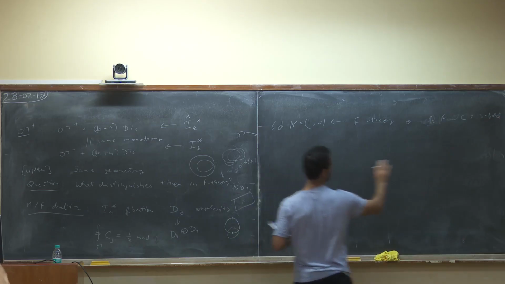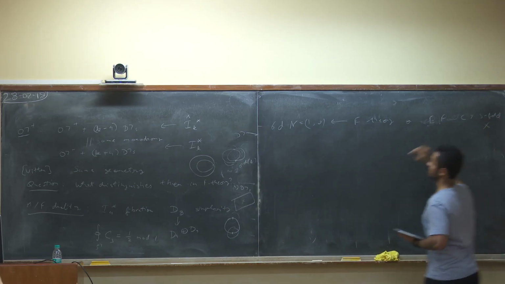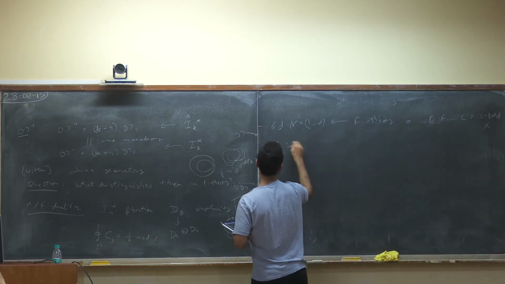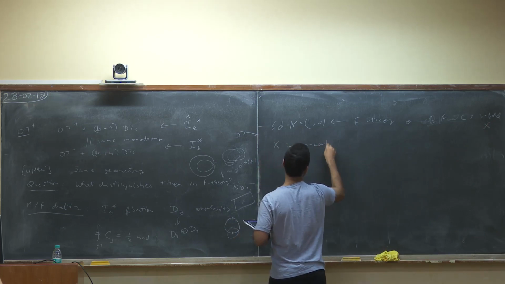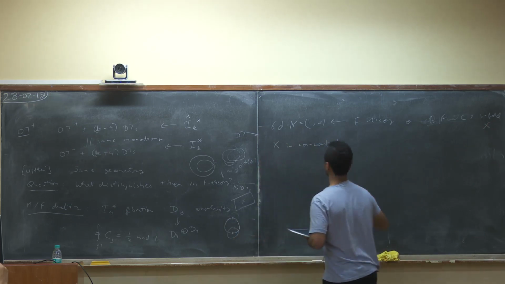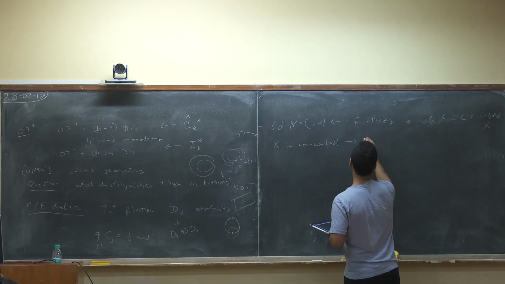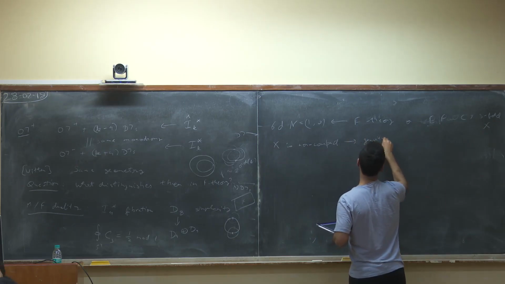And we assume that this Calabi-Yau threefold, let me call it X, is non-compact. And this has the consequence that gravity decouples from the 6-dimensional theory.